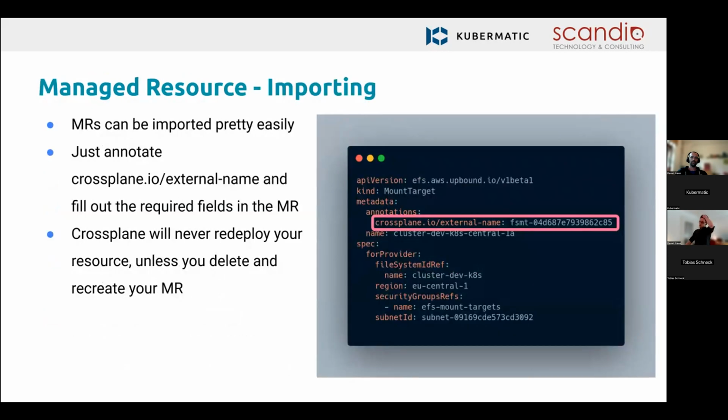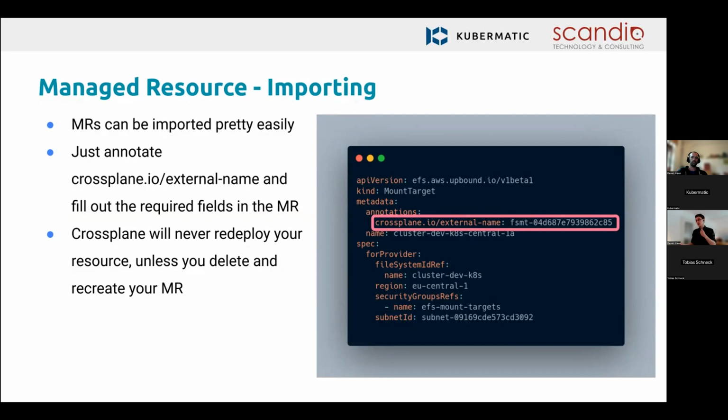Some more things about the managed resources now that we know how these things are created. You either create them first in Crossplane. If you initially create them, they will be applied, they will be reconciled, and then you have them. But maybe you already have some infrastructure set up using a tool like Terraform or CloudFormation, or you've just set it up using the Azure portal, and you want to import these resources.